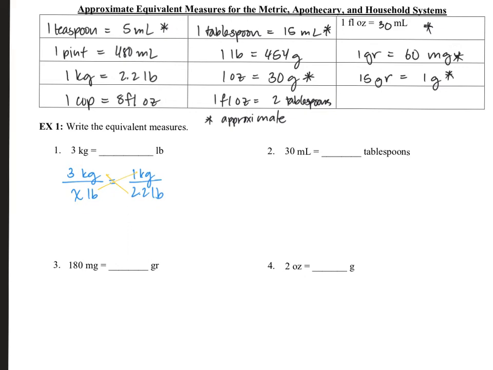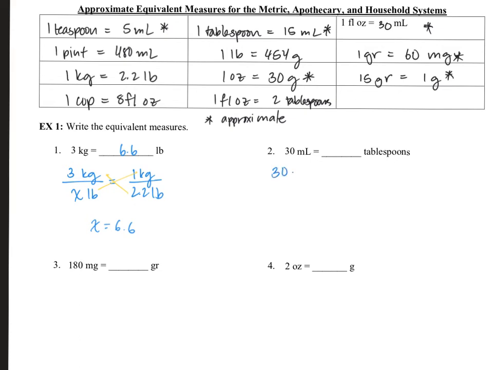Okay, so that's going to be 6.6 pounds. Alright, go ahead and see if you can set up the equivalence for number 2. Pause the video and check back in with me in a second.